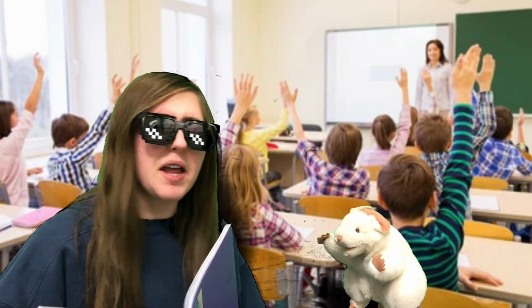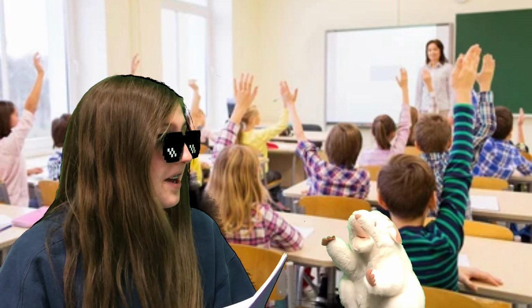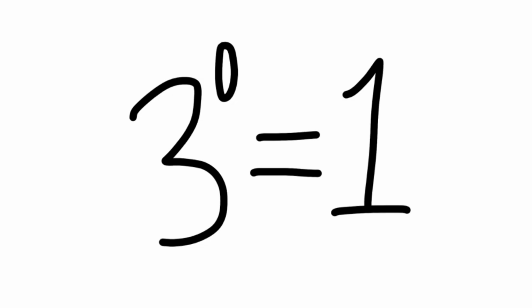Well, not quite yet. So, you see, this problem here, when you have 0 as an exponent, you don't multiply it. In fact, you just turn it into a 1. The problem will look a bit like 3 to the 0 equals 1.